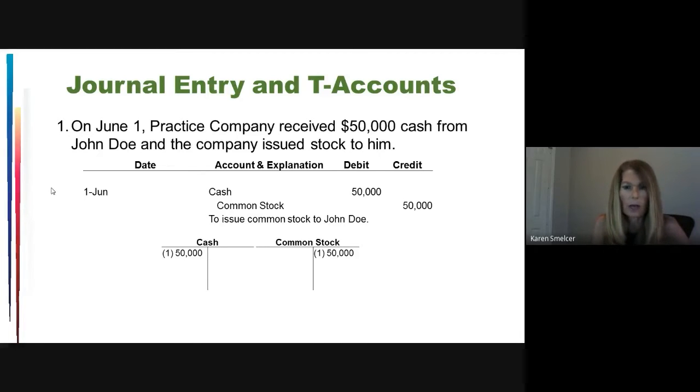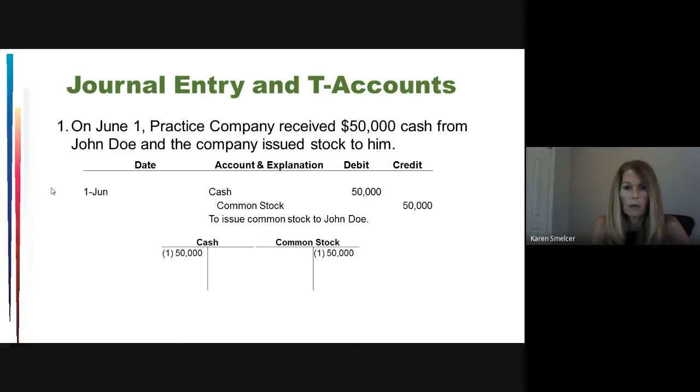So we're going to debit our cash account for $50,000, and we are going to issue stock to John Doe, and common stock's an equity account. Okay, so we're going to credit that account. And then, always good to remember, you should always write a brief description below any journal entry you make. So I've written to issue common stock to John Doe.